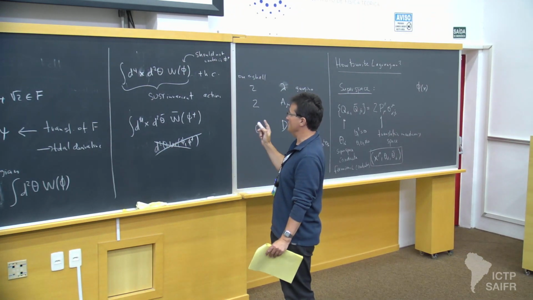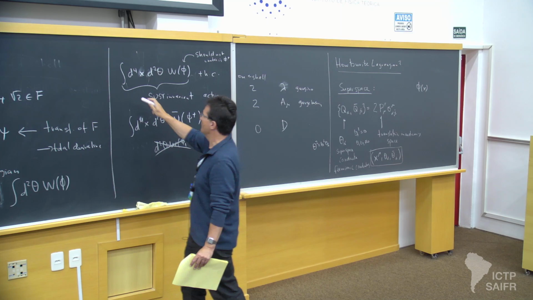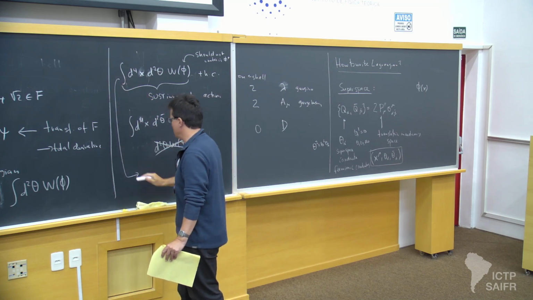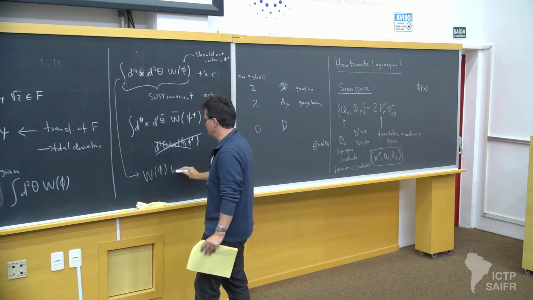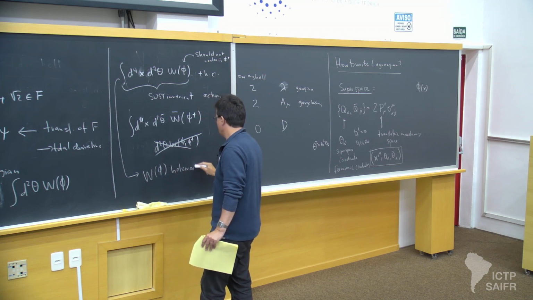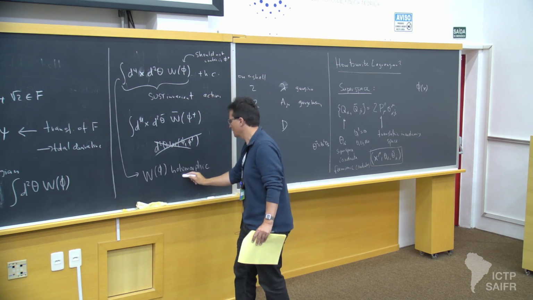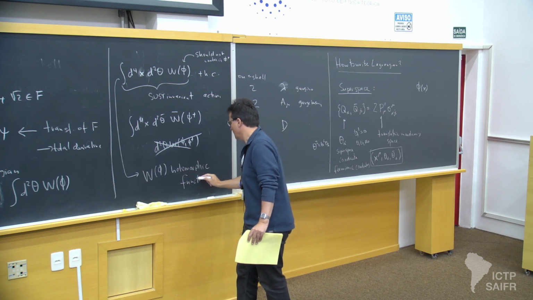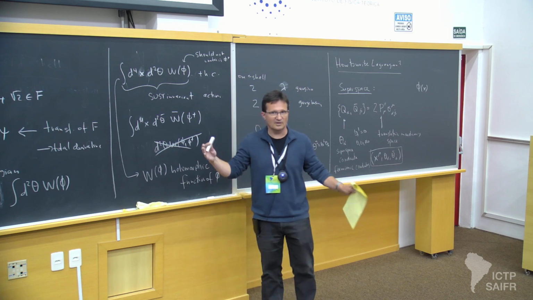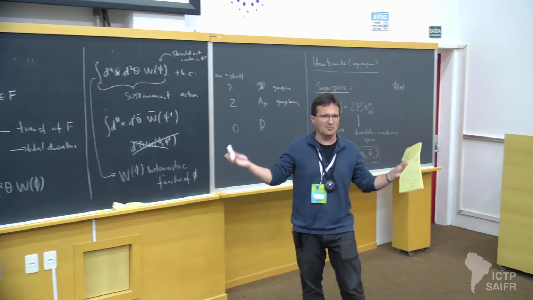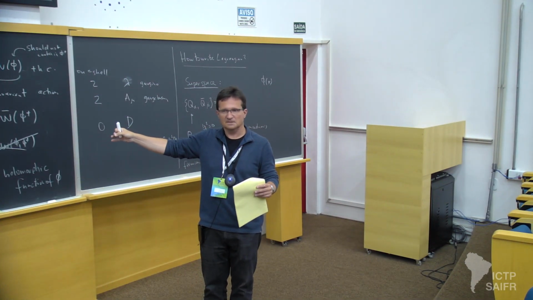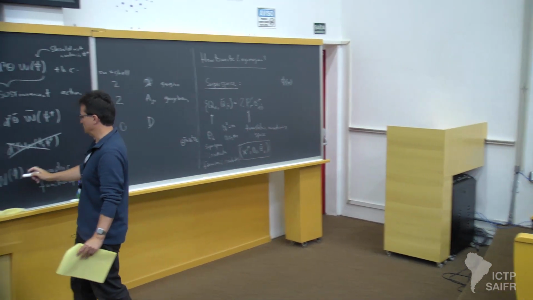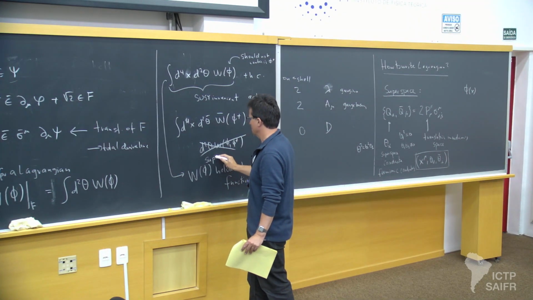Okay, so the way we usually say it, this is what the more formal people like to say, is that W is a holomorphic function of the chiral superfields. So if you go to SUSY-related talks, you will hear holomorphy here and there. This is where it comes in. This function is called a superpotential.